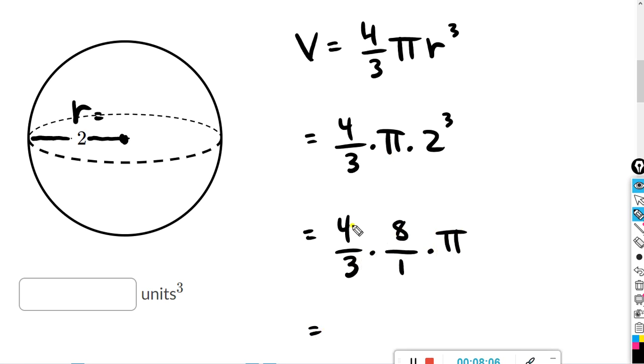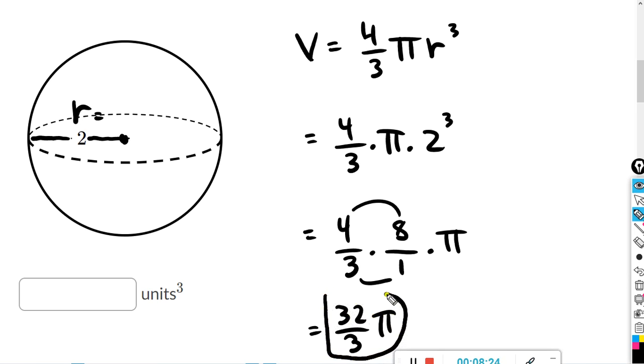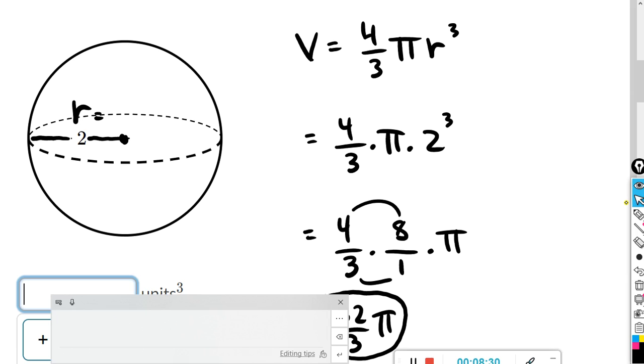Okay, so nothing to cancel. Neither of these numbers are divisible by 3, so we can't cancel. 4 times 8 is 32. 3 times 1 is just 3. And that is times pi. Final answer. So 32 pi over 3, or 32/3 pi.